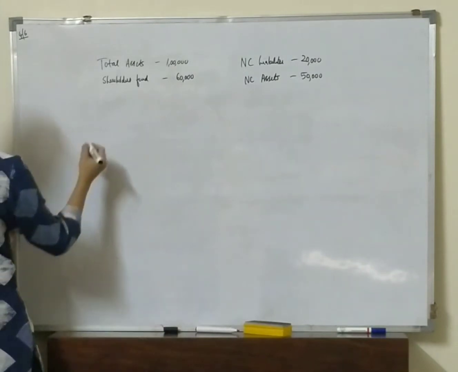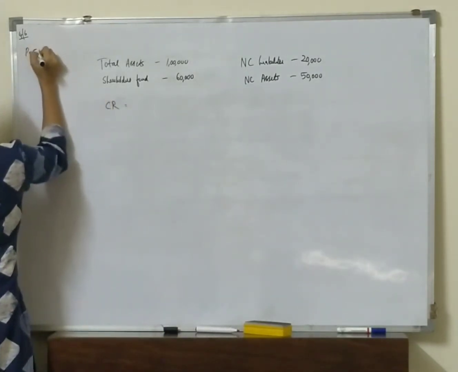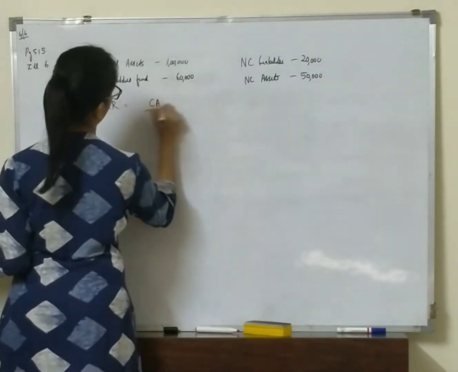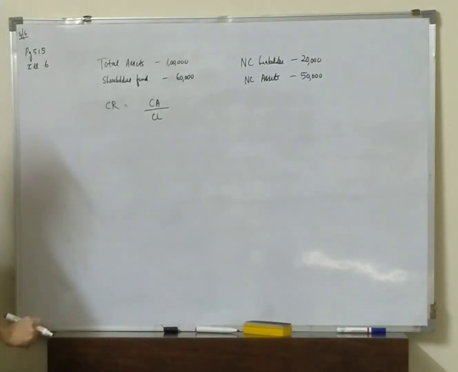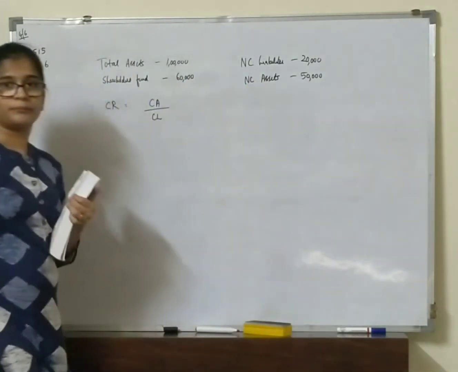Current ratio. Again, what is the formula for current ratio? Current assets divided by current liabilities. We know total assets. We know non-current assets.